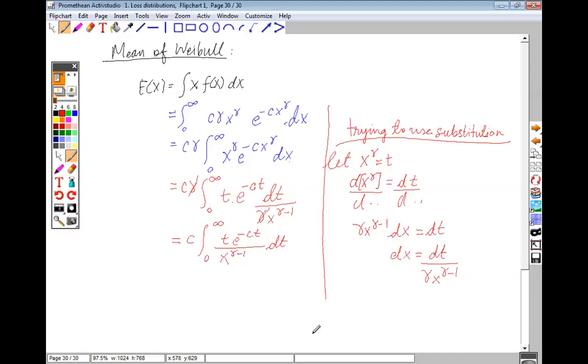You can substitute the value of x raised to gamma minus 1 in terms of t again. Yeah. Is that what you guys would like to do? But if we do that, it will be like x raised to gamma upon x. So again, the x will come into the picture, right?